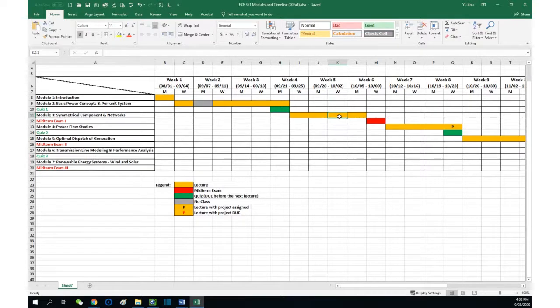I'm in the middle of grading the quiz 1, and by next Monday, I think I missed some examples for the per unit system. If you recall back to module 2, at the end of the module 2, we didn't have any examples for per unit systems. Am I right?